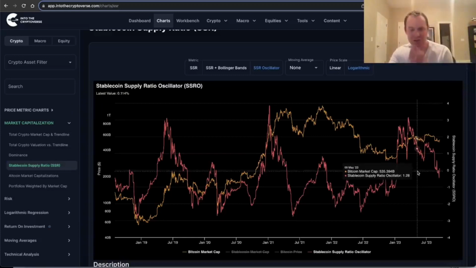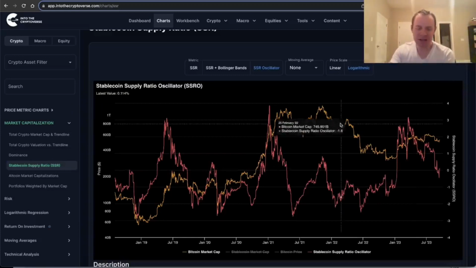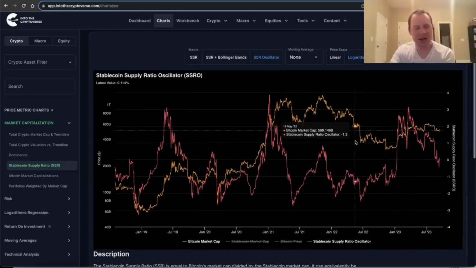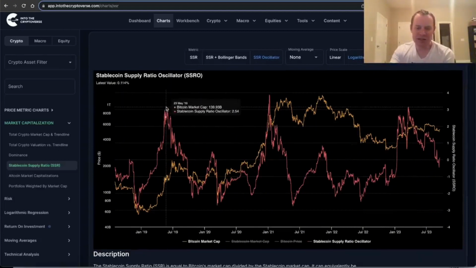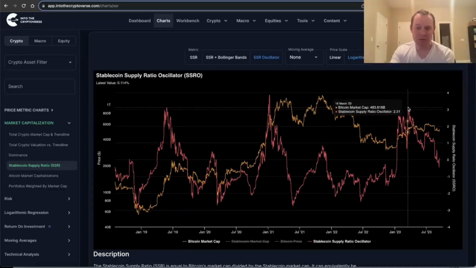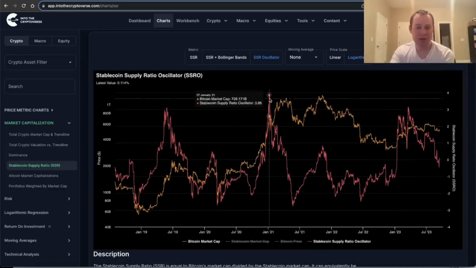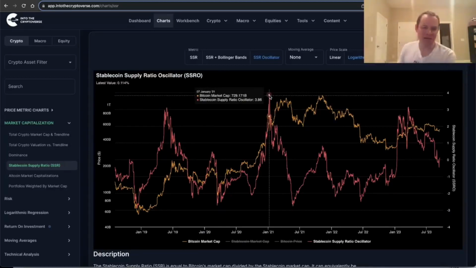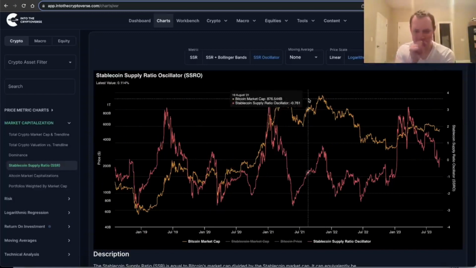Now, what's interesting is that you will also notice another trend with the SSRO. You can see again in 2019, it topped out at the same spot that it went to in 2023. Now in 2021, it did go just a bit higher. But even in 2021, that did not mark the top. We had one more big push higher to finally mark the top.